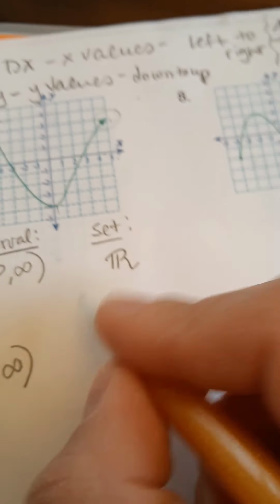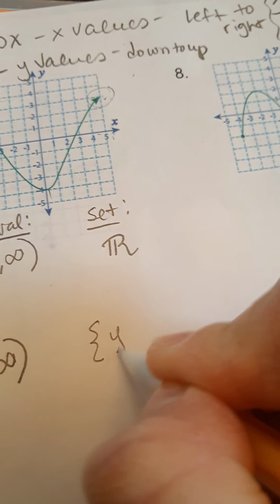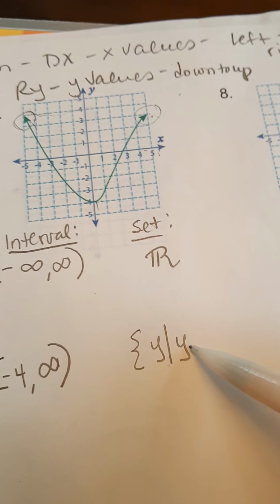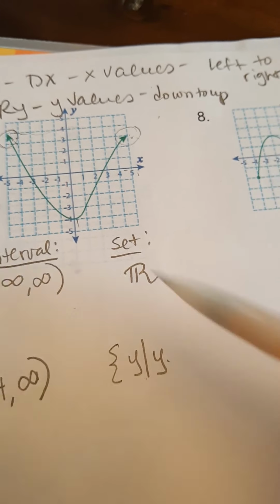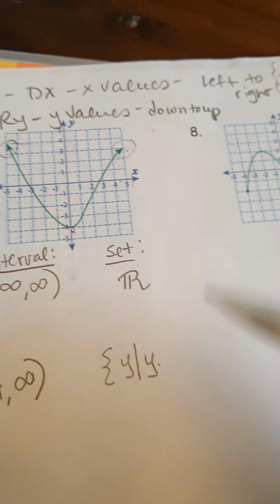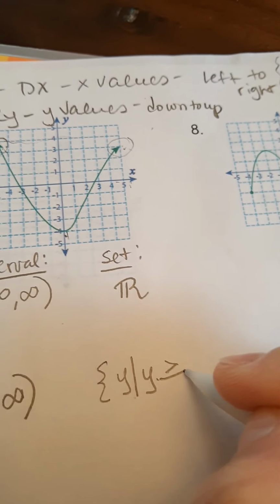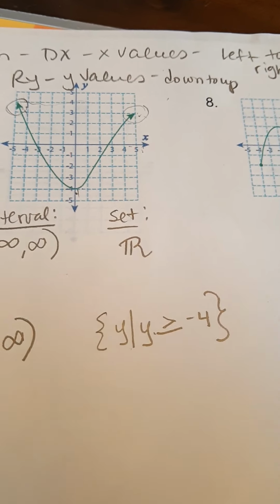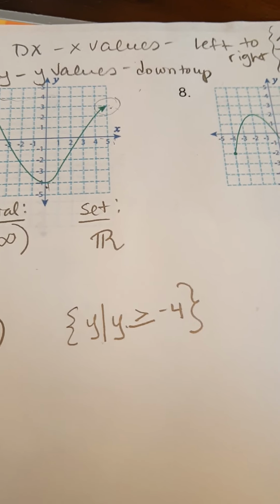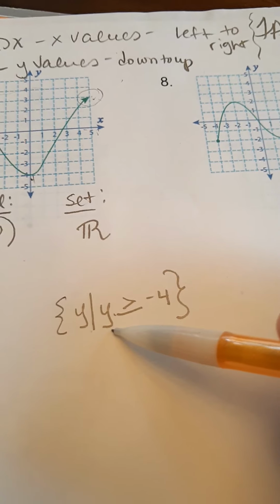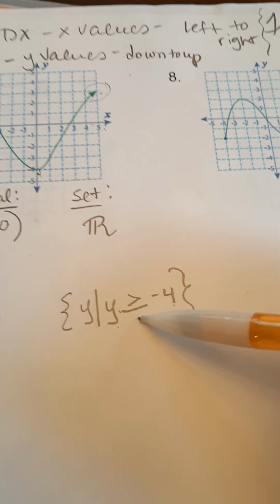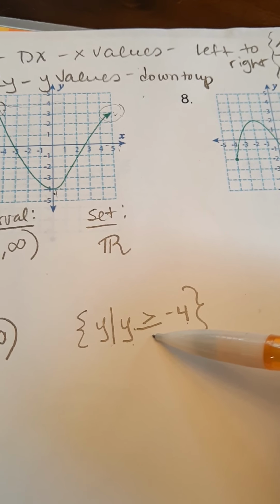So for set notation, you do squiggly bracket y, line, y is an element such that the y values are greater than or equal to -4. Okay, so with the set notation, you're going to have a y and a number, and then you have to figure out, is it going to be greater than, equal to, less than, equal to.